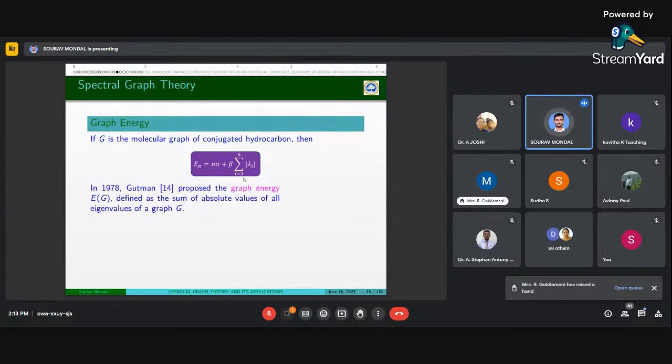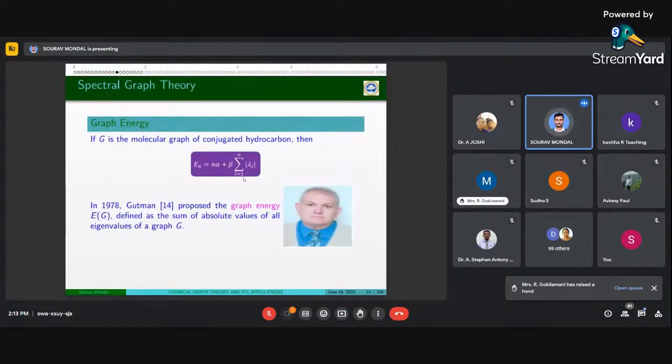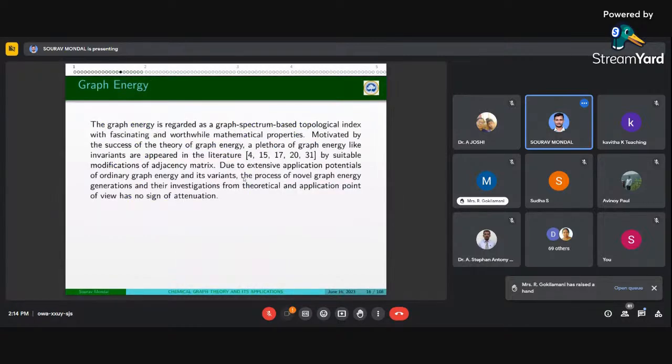In 1978, Professor Ivan Gutman named this quantity graph energy. It is considered as a graph spectrum-based topological index.